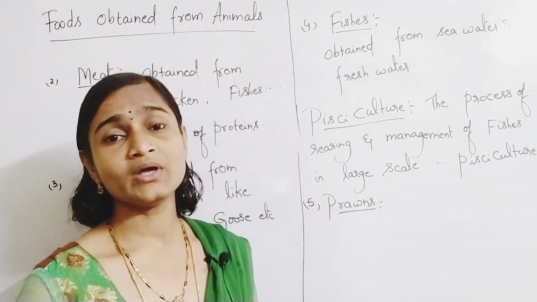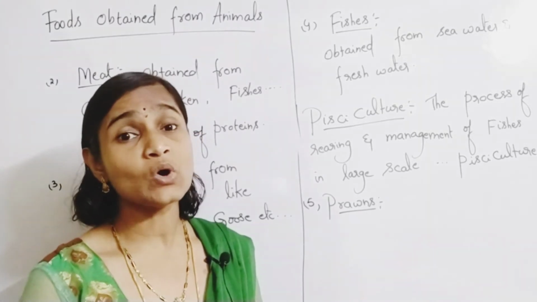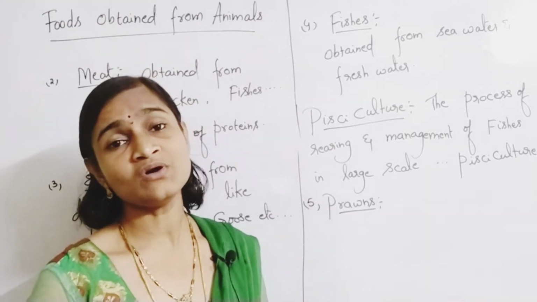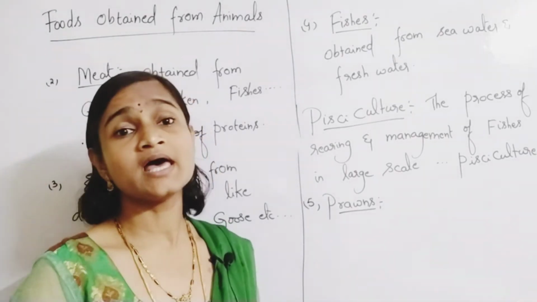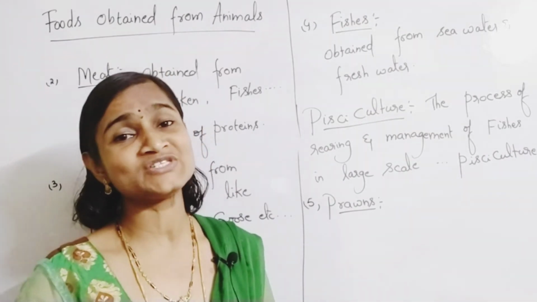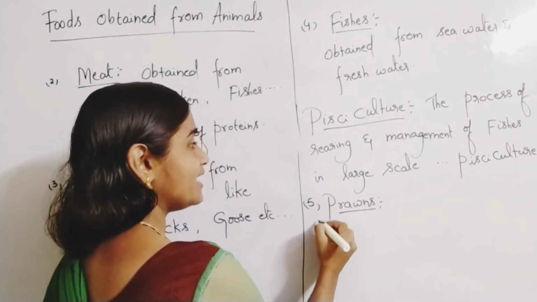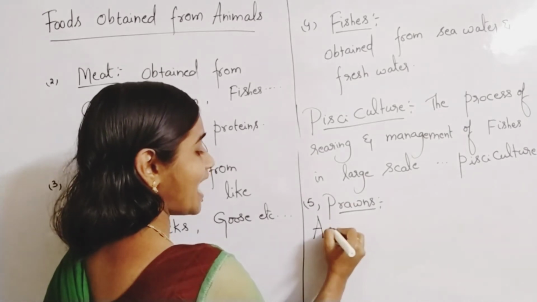Here rearing and management of prawns is also done on a large scale. And transportation also they will be doing from one place to another. These fishes and prawns are to be transported from one place to another also.